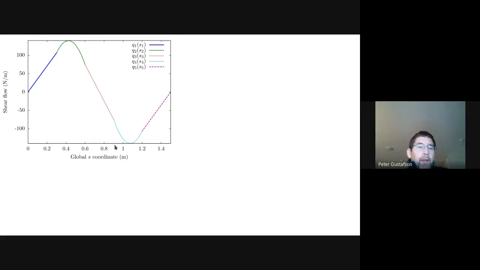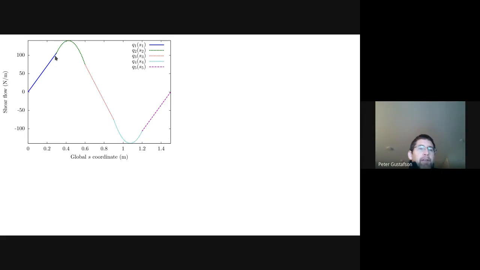By the way, I plugged in some values. This used to be a homework problem, which I've converted into a lecture problem instead. So I had given lengths, loads, and values of S, L, and T, and we can calculate shear flows. Importantly, in that first segment, we said Q was linear, and so it shows up as linear.